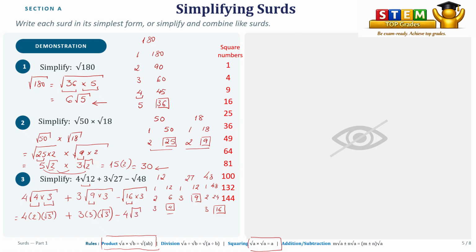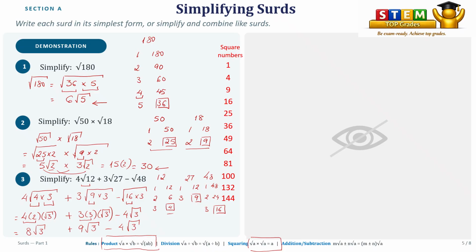And don't forget the equal sign. So in that case, we're going to be multiplying 4 and 2, 4 root 3, plus 3 times 3, which is 9 root 3, and then take away 4 root 3.